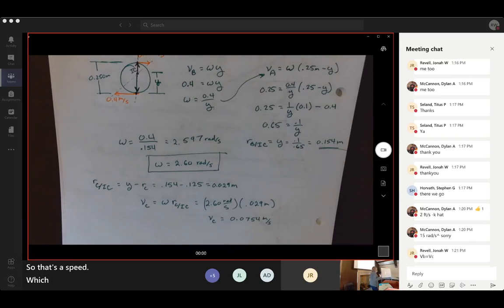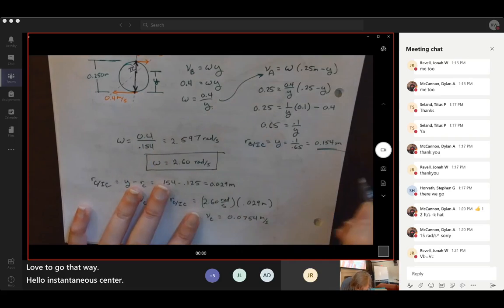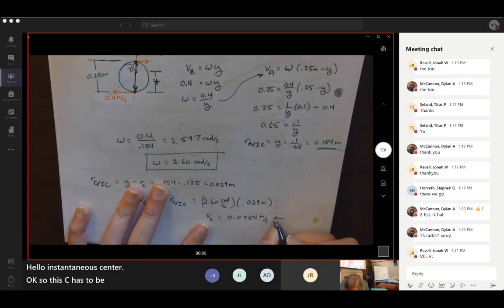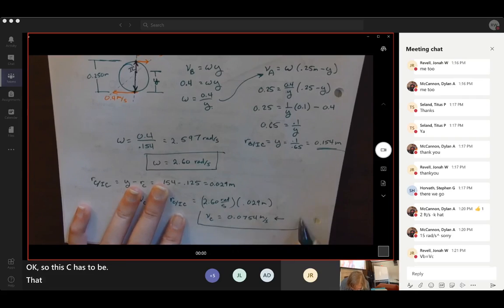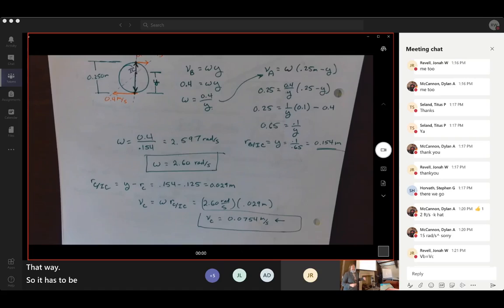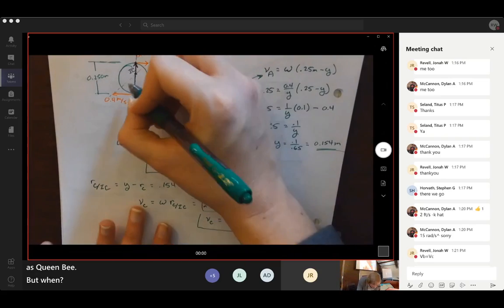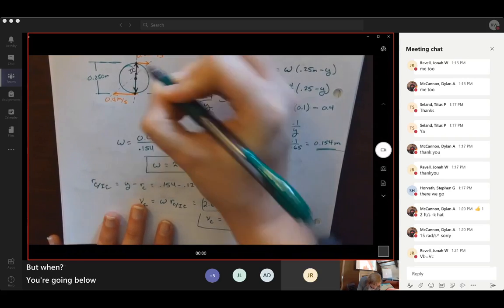Which direction will the center point C be moving? It has to go that way. We're below the instantaneous center. Okay, so VC has to be that way. So it has to be moving in the same direction as point B. It's actually a negative I hat direction, because we're going below where our instantaneous center is.